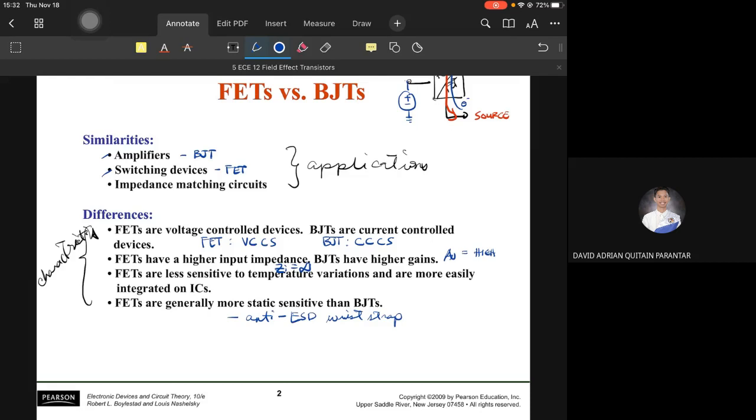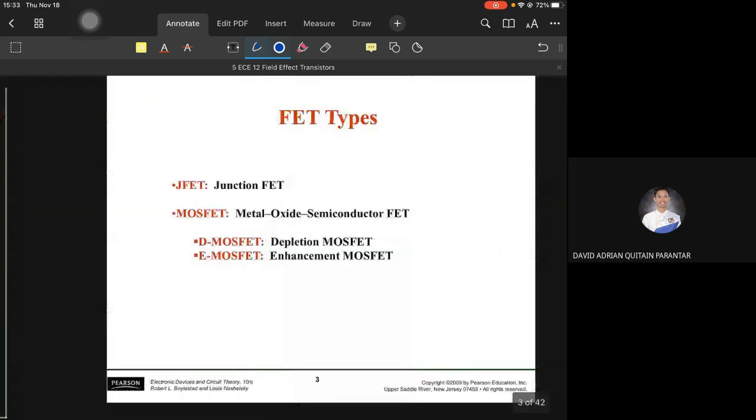But what amazes us is that even if they are totally different devices, they could both be similarly used as amplifiers and switches. In fact, you can cascade FET and BJT amplifiers and they will work together. Again, even if they are two different devices.